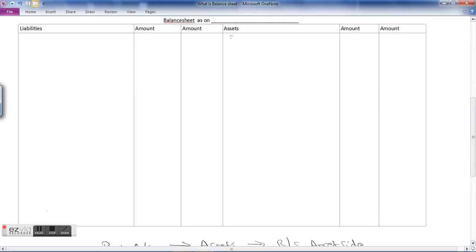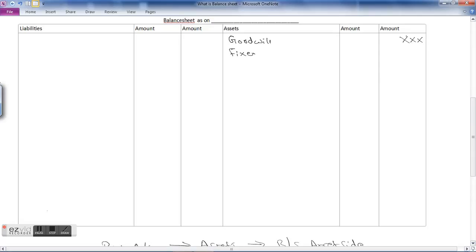The first asset which will be included here is goodwill. Okay, so if there is some goodwill which is appearing in your trial balance, that goodwill needs to be included in your balance sheet asset side. That goodwill will be your asset.